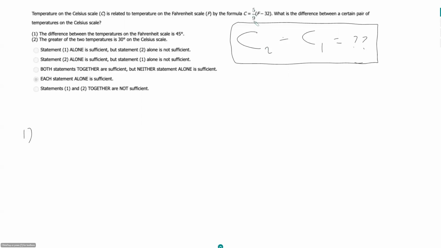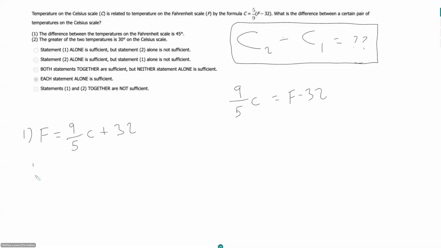If we multiply each side of our equation by 9/5, we get 9/5 C equals F minus 32. Therefore, our Fahrenheit temperature should be equal to 9/5 C plus 32. They tell us the difference between our Fahrenheit temperatures is 45.